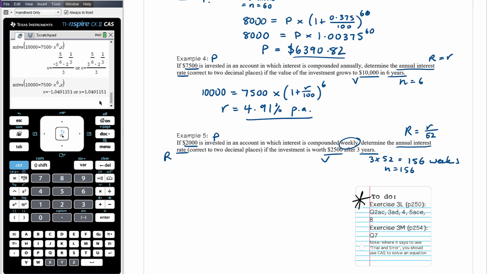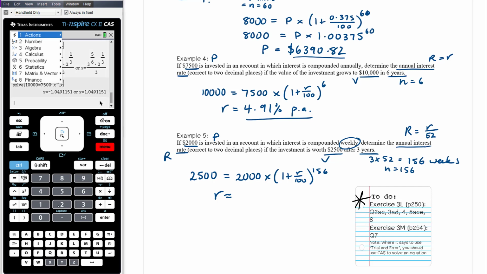Okay, so we've got our value, $2,500, is equal to our principal, 2,000, multiplied by 1 plus r over 100, to the power of n, which in this case is 156. We're going to solve for r. We want 2 decimal places for uppercase R, so let's be careful about this. We don't want to round too much too early. Never round. There's no reason to round with your CAS.